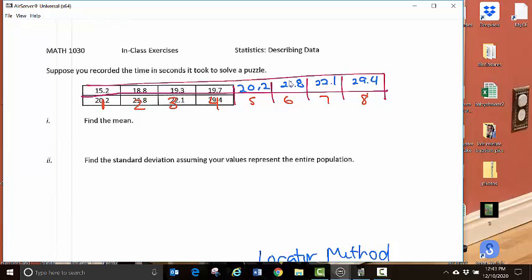That's all I did was reorder it. Put it in order, least to greatest. Find the mean. You can do that later. Find the standard deviation. You can do that later. Okay?